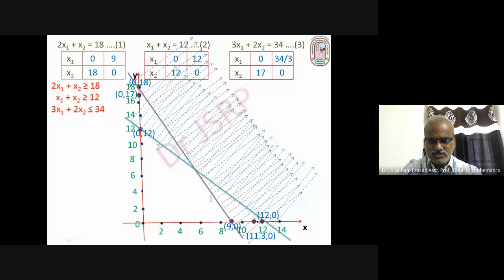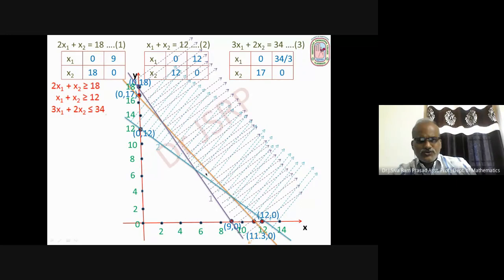Okay. So join these 2 points, this point and this point. So if you use scale and pencil and put the points at equal distances, then only you get accurate graph.